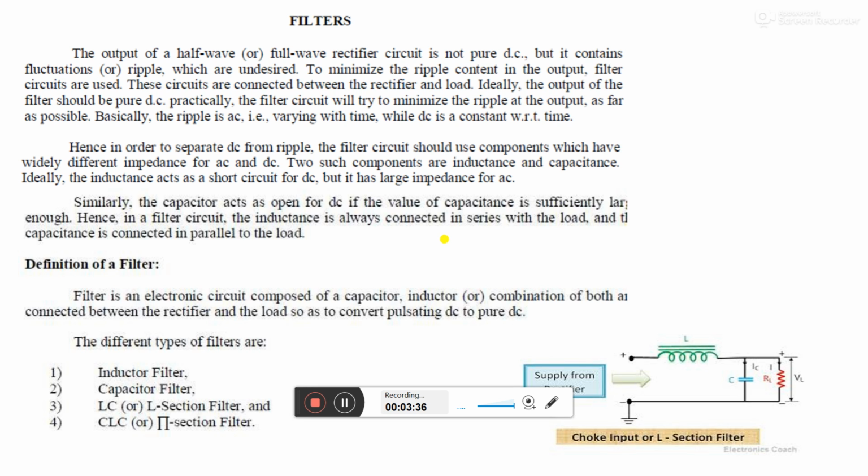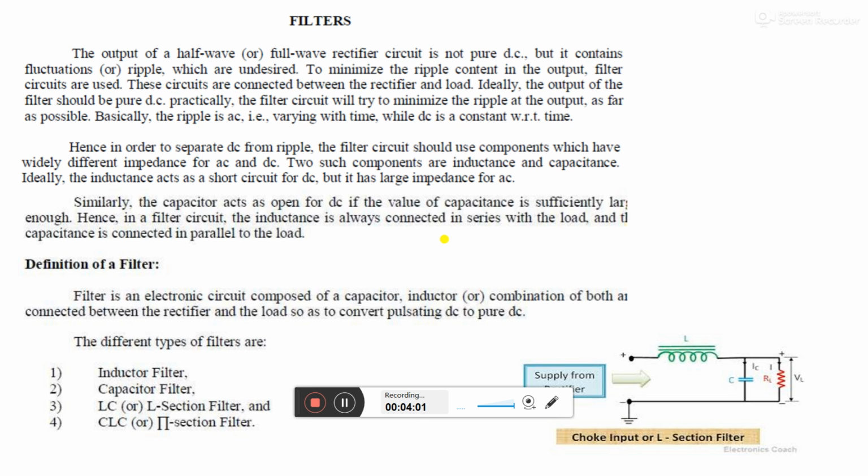Ideally, the inductance acts as a short circuit for DC, but it has large impedance. Impedance here is a similar word for the resistance or opposition to the AC. In the same way, a capacitor acts as an open circuit for DC if the value of the capacitance is sufficiently large.